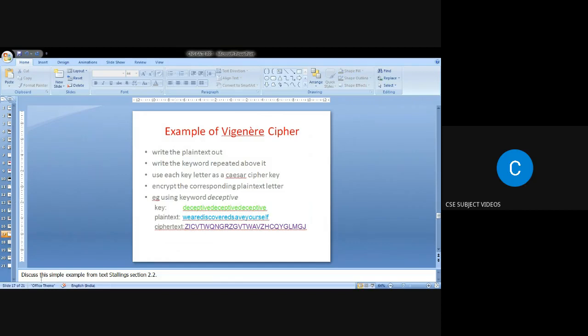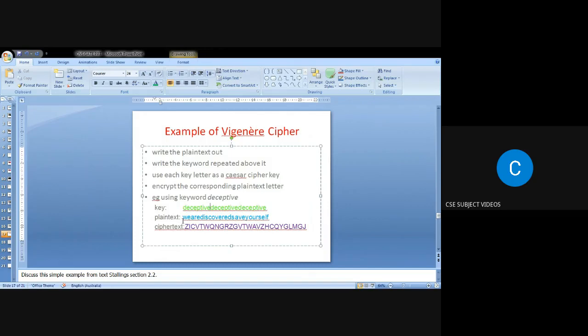We write down the plain text without any spaces between the words, as one continuous string. Then we take the keyword deceptive and map each letter in the plain text with each letter in the key. The length of the key is much shorter than the length of the plain text.